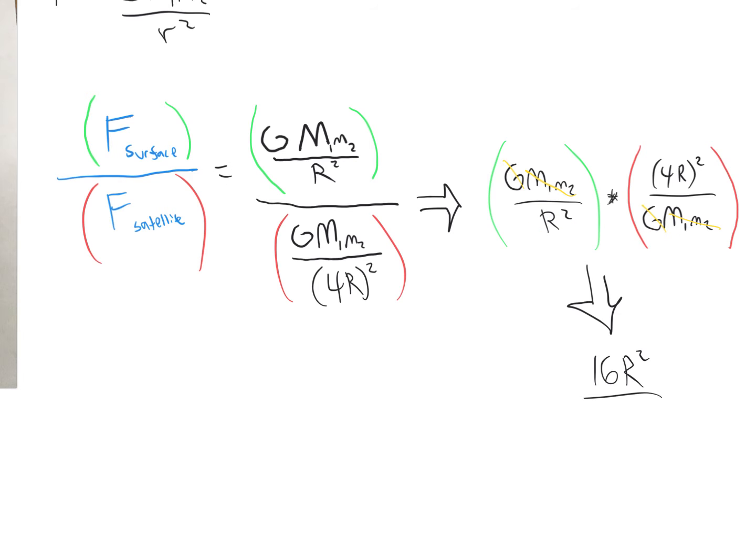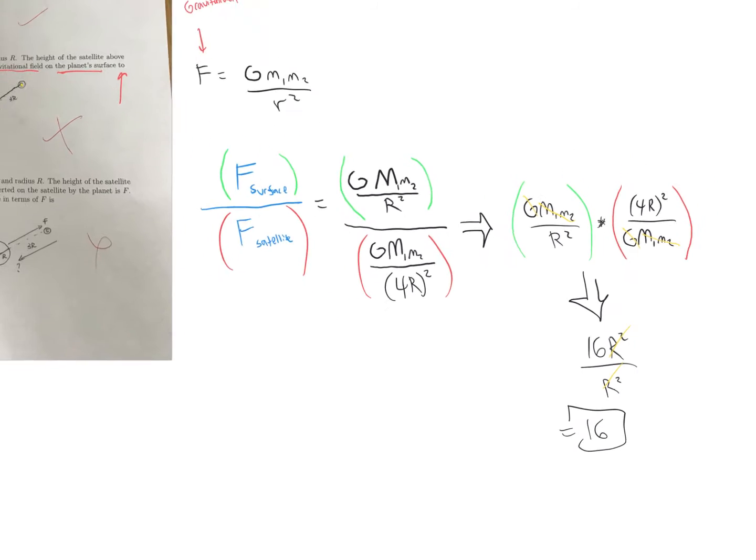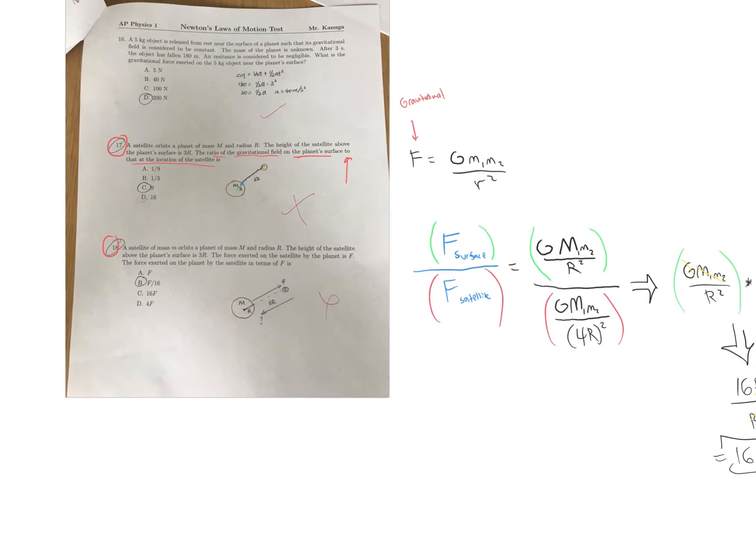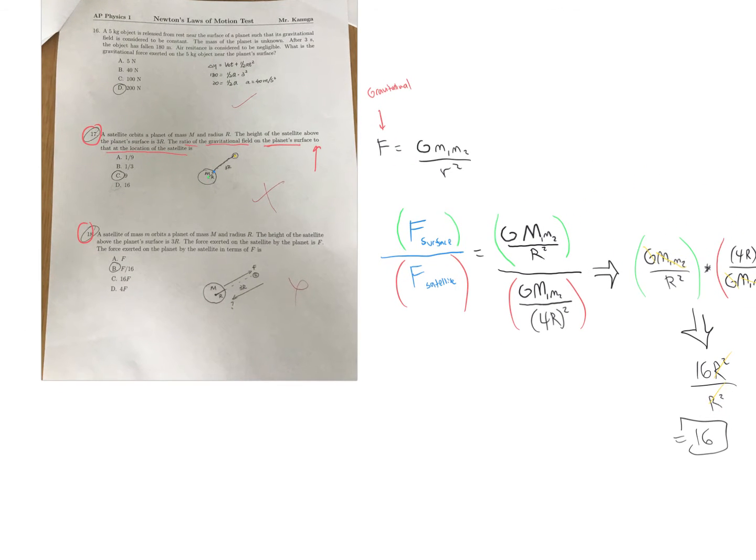So that's going to be r squared, and then we can cancel the r squareds, and we are left with 16. That is the answer to that one as far as I could tell. Pretty sure. It's that one.